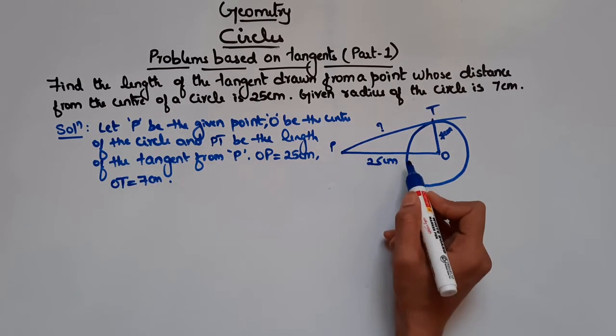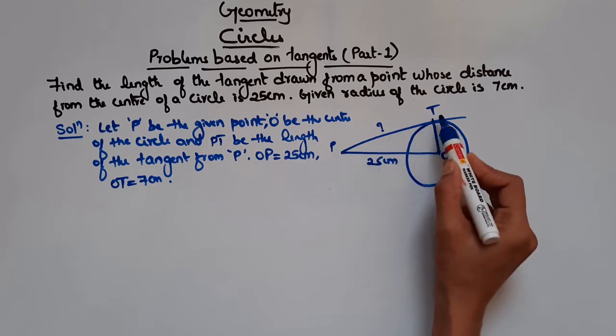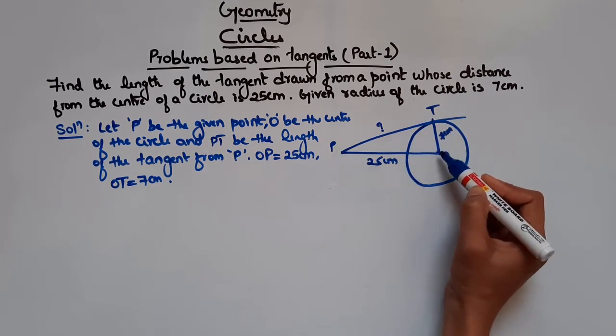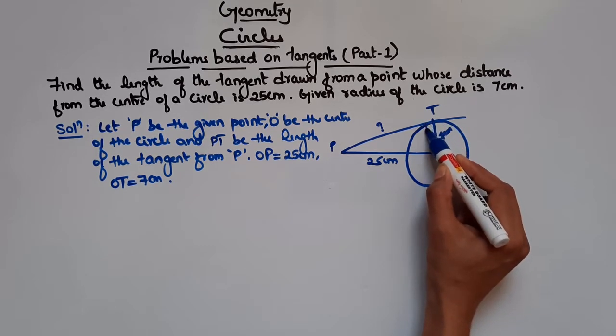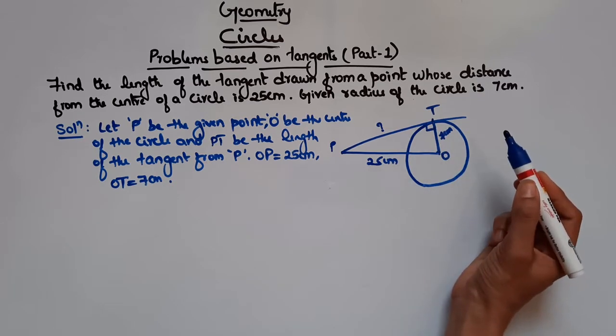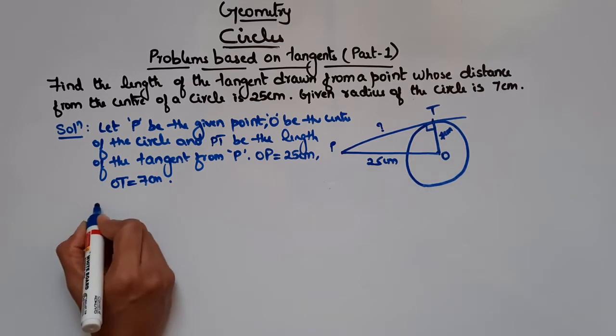So now if you see the diagram, we know tangent to a circle is always perpendicular to the radius through the point of contact, right? This we have seen in theorem 1. So this angle is 90 degree, right? So let's write that.